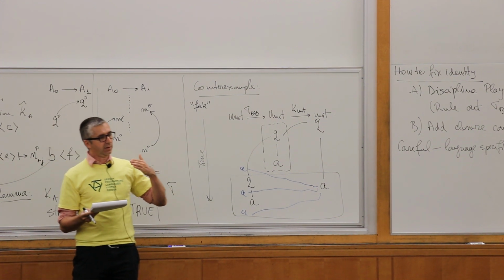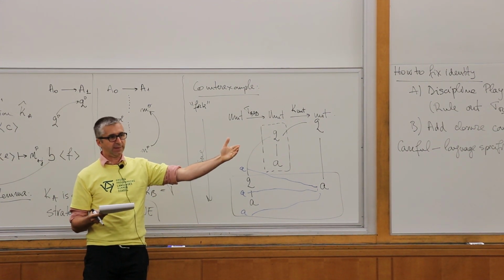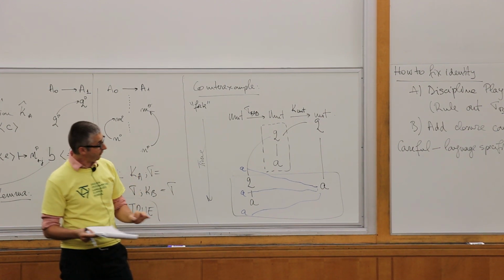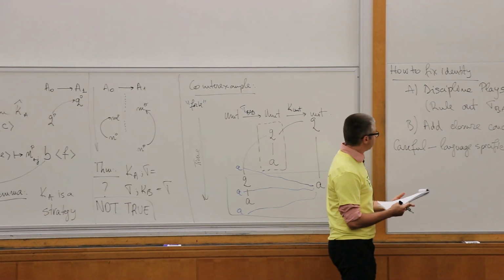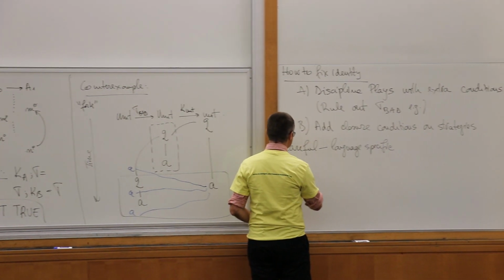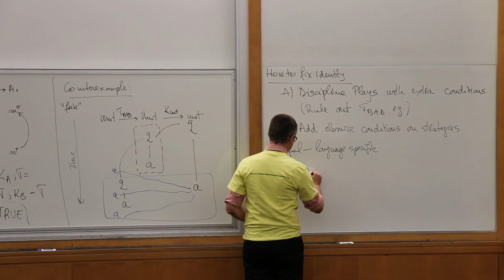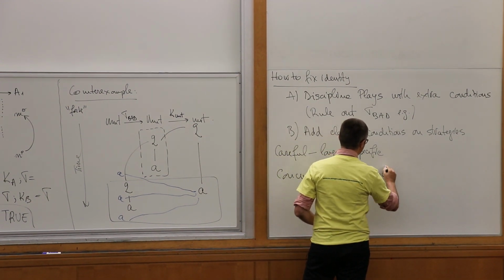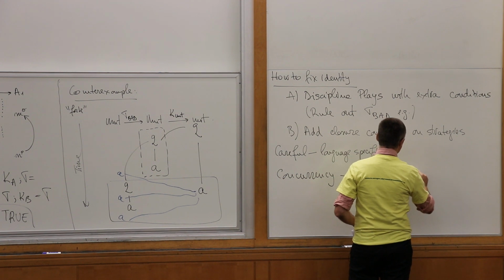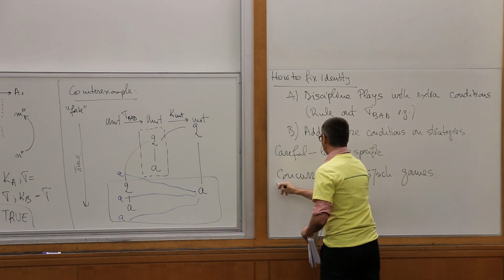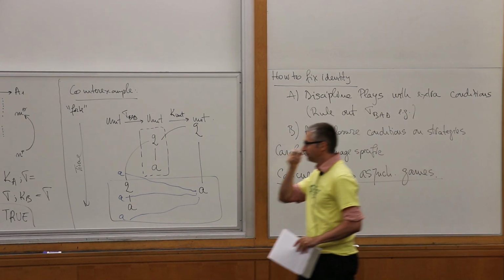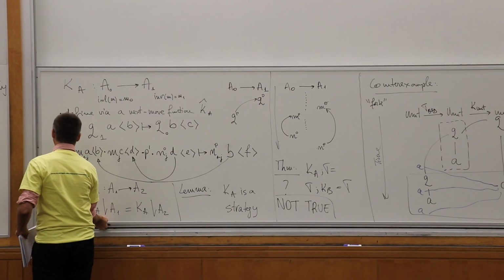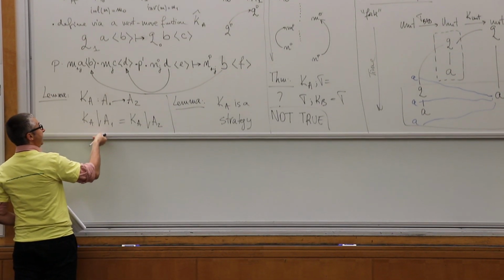It will always wait for the context to do something before it does something else. So these are language specific, but here this is a school dedicated to concurrency. So we're going to look at asynchronous games. We're going to look at things that make sense from the point of view of games in an asynchronous setting.